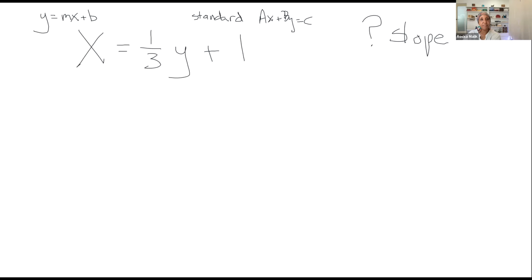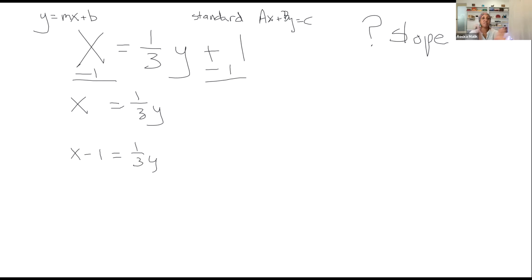Which would be a number. So if we switch this around to have a y, I'm going to move the 1 to the other side. So that's going to give me x minus 1 equals 1/3 y.